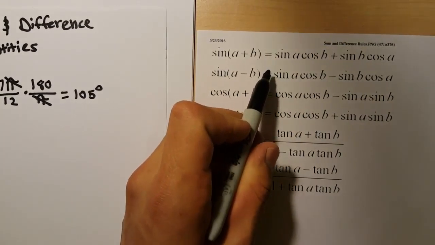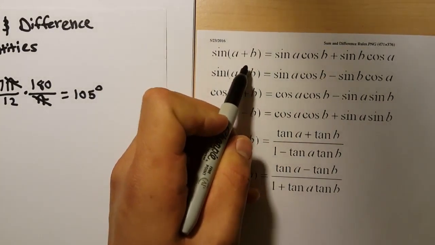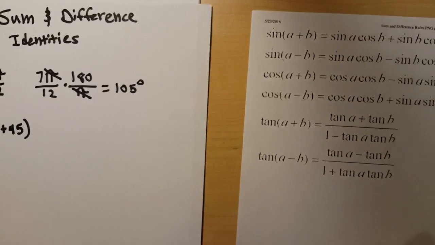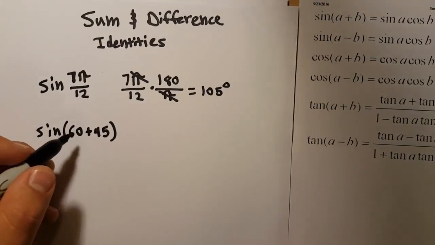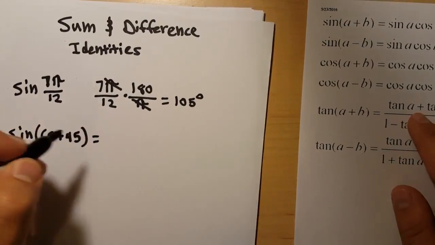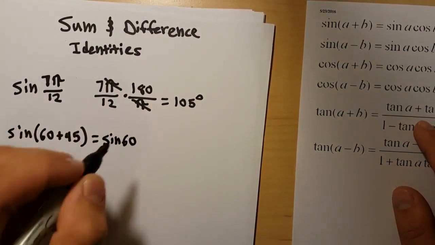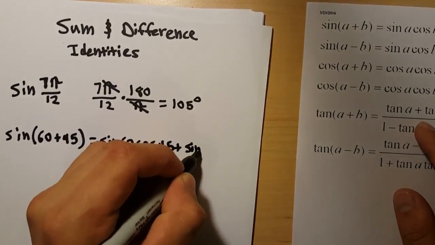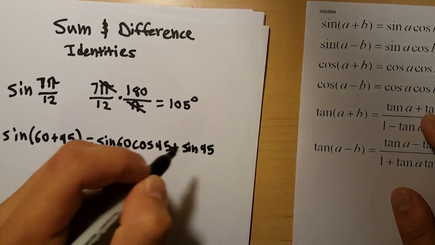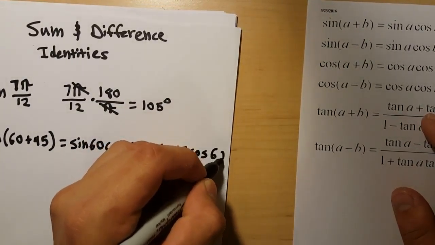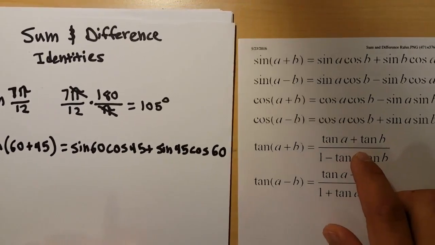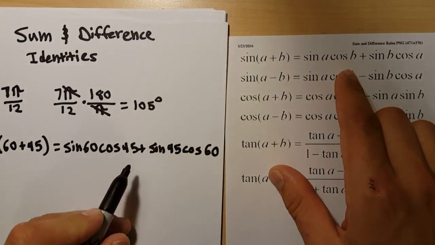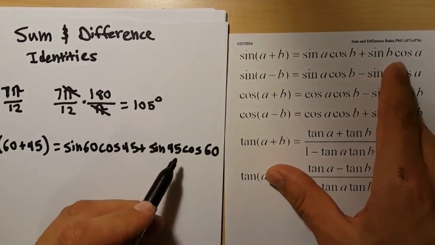We have to plug in 60 and 45. 60 is going to be A and 45 is going to be B, and we plug that in for every single A and B. If we plug it all in, we see that sine of 60 plus 45 is equal to sine 60 cosine 45 plus sine 45 cosine 60.